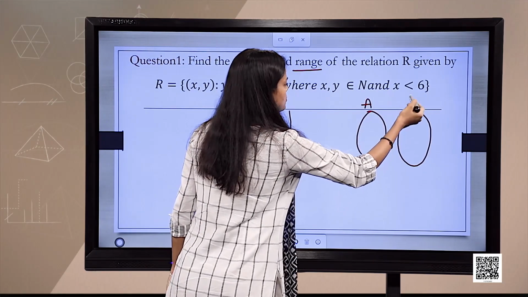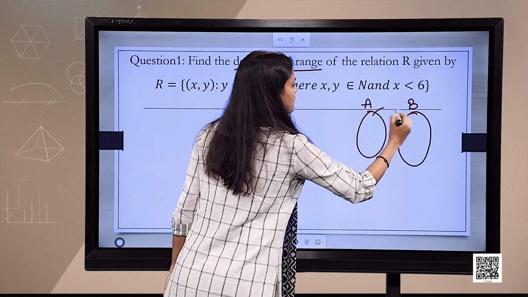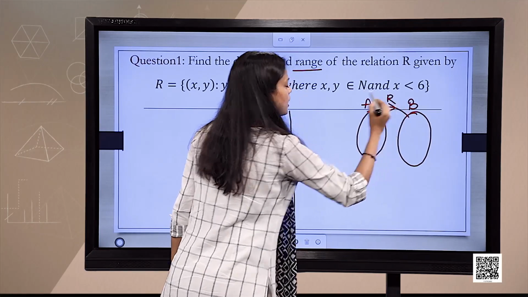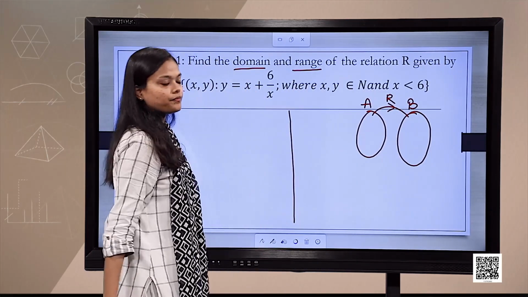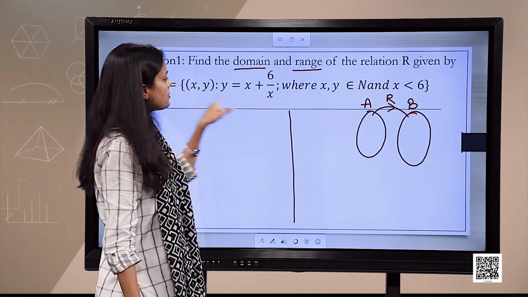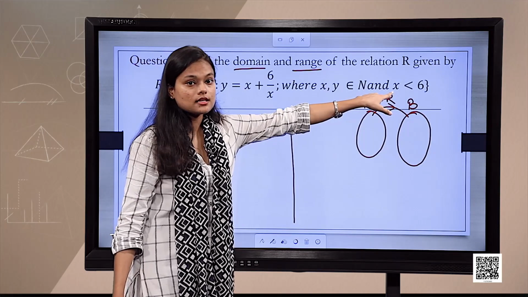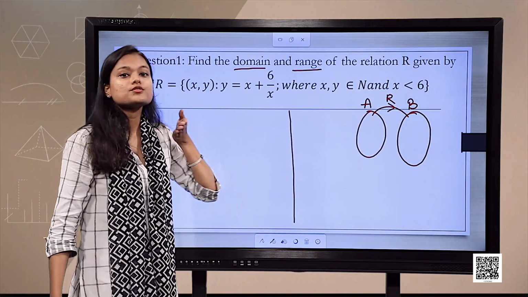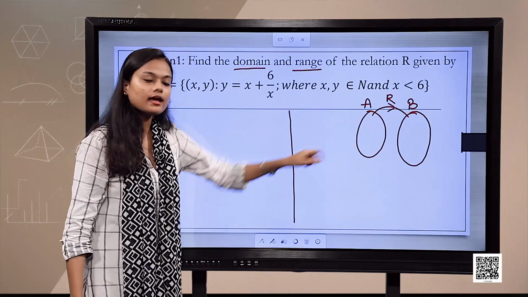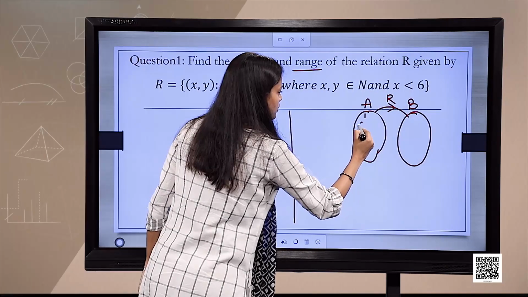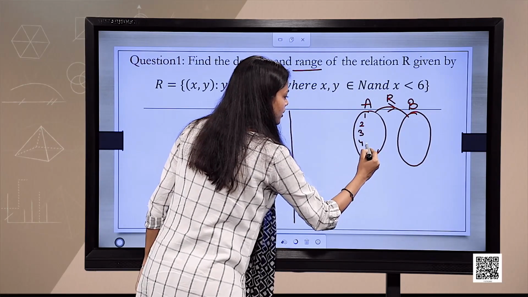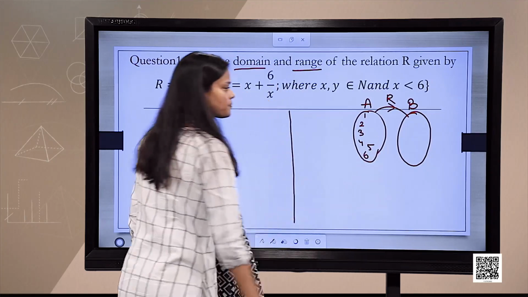From A to some B, we are describing a relation R. What is this A? X, the first element, is coming from naturals and it is less than 6. So, all those natural numbers which are less than 6 will be in the set A: 1, 2, 3, 4, 5.